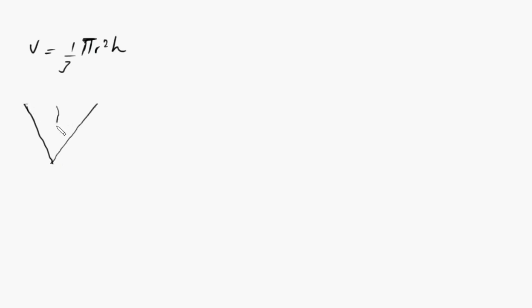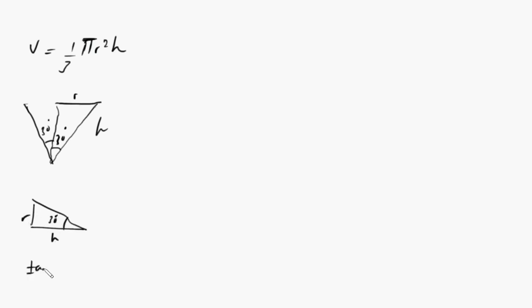So this sasa is h, nimechora katikati. Okay, this is going to be 30 degrees and this one is also going to be 30 degrees. So this one is our r and now urefu huu sasa is our h. So you can just see hapo ni ipo hivi. Okay? This one is h, this one is 30, this one is r.